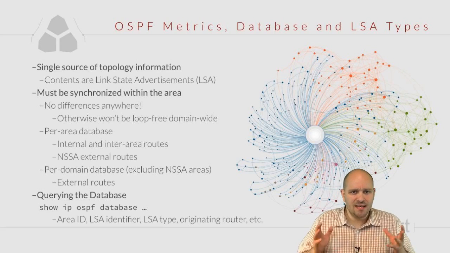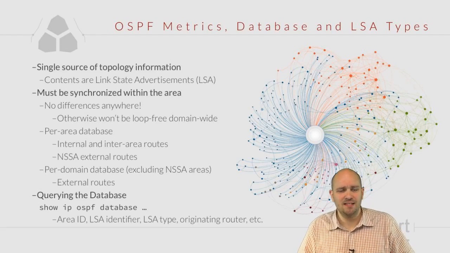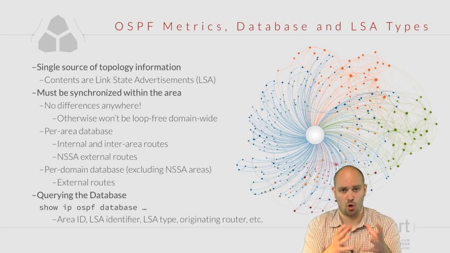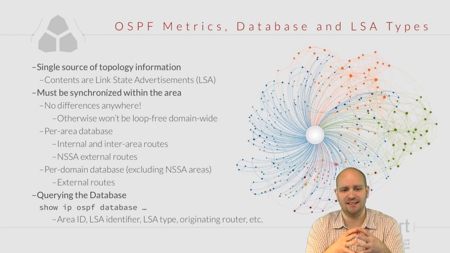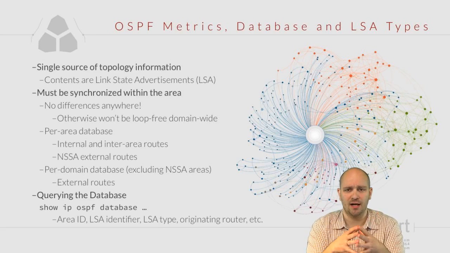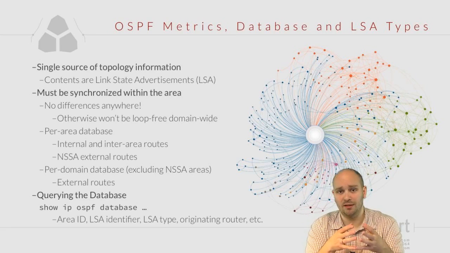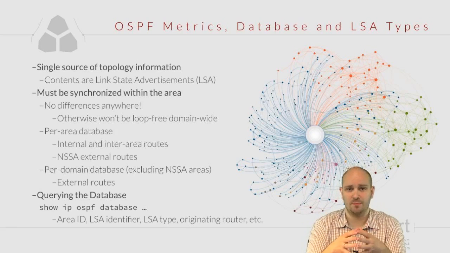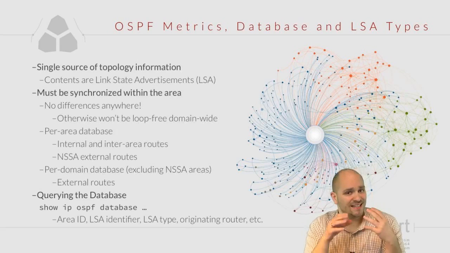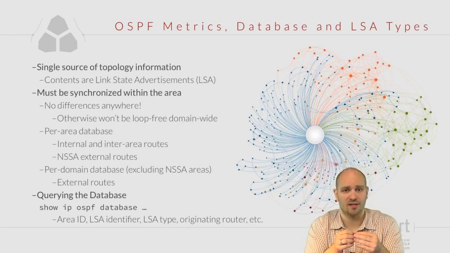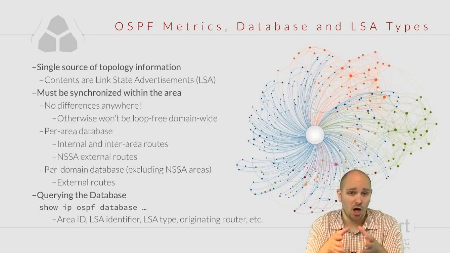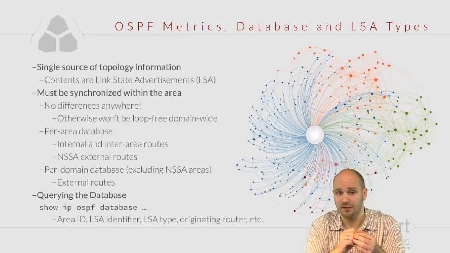So the LSAs are data units that are kept in the database. But the database is not flat. That means that there is no single OSPF database. These LSAs are actually organized into logical units, into logical entities, and there are multiple databases that exist in OSPF. If you are running OSPF with no external routes in a single area, let's say area 0, then we are indeed talking about a single database.